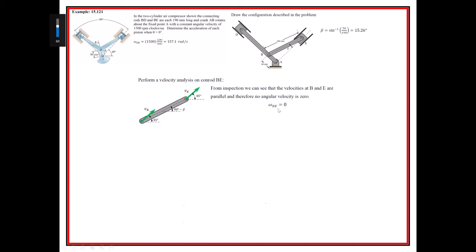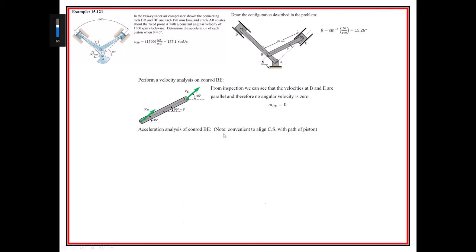So it's very similar to that other problem that we did not long ago, where the connecting rod is kind of floating in one position. It's just making the transition of rotating with one angular velocity in one direction, and now an instant later it's going to be rotating with an angular velocity in the other direction. But at this instant, it's in pure translation.